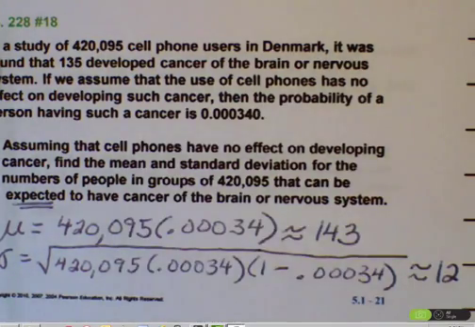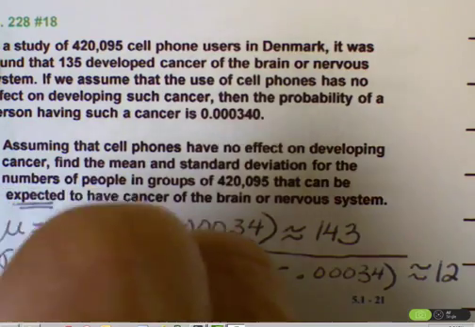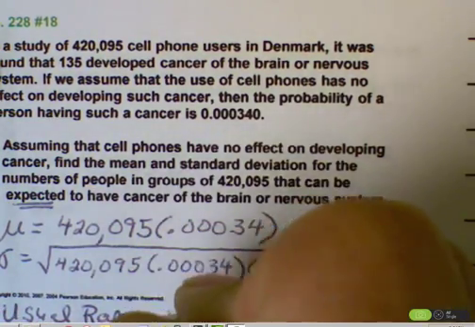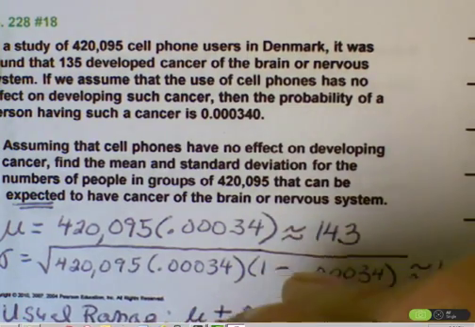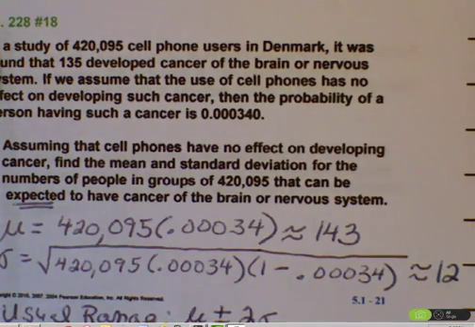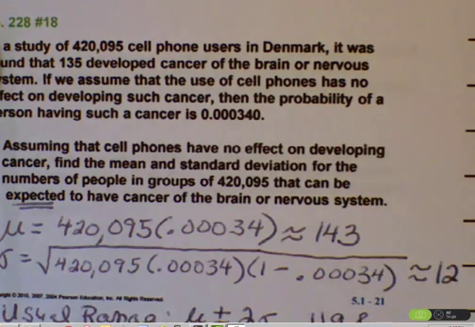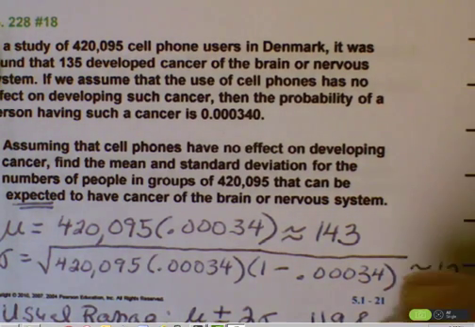I'm going to call it just the usual range, the mean plus or minus 2 standard deviations. 143 minus 2 standard deviations is 119, and 143 plus 24 is 167.